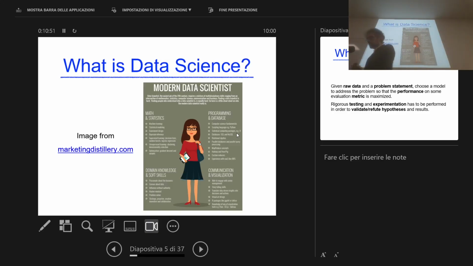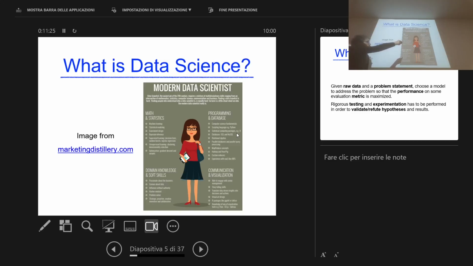Furthermore, almost all of the machine learning techniques that we will see are based on statistical concepts. Then usually you need some background in programming and maybe also database systems. Because when you're dealing with data, you usually have to use tools that give you these methods in practice.